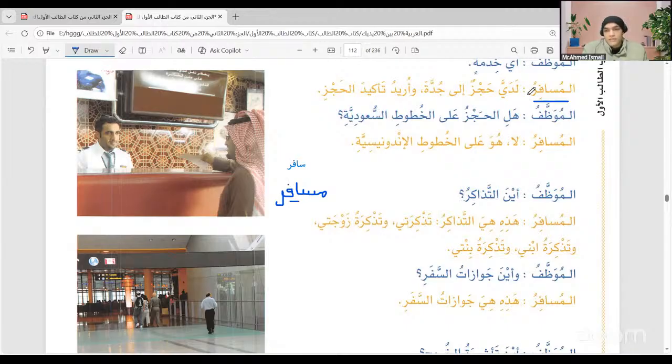So المسافر means the traveler, and الموظف is the employee, the person that he takes the ticket from, and so on. So here we have this حوار between them that we spoke about last time.